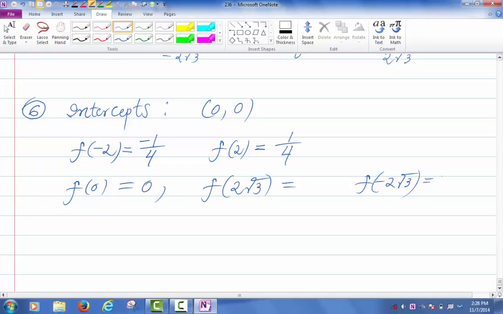So can someone tell me what is f of 2 root 3? What is f of 2 root 3? This would be 2 root 3 divided by 4 times 3, divided by 16, I think. And this would be negative 2 root 3 over 16. So we need to know the approximate values of this, okay? So these are approximately what?